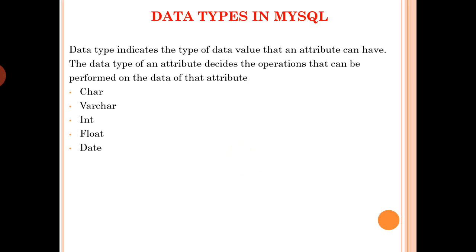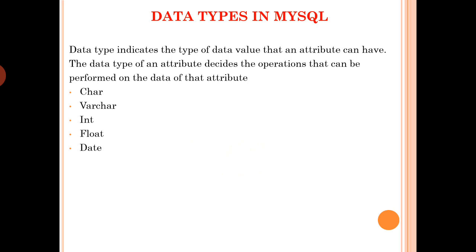That is, declaring varchar 30 means a maximum of 30 characters can be stored, but the actual allotted bytes will depend on the length of the entered string. Int specifies an integer value. Each int value occupies 4 bytes of storage.